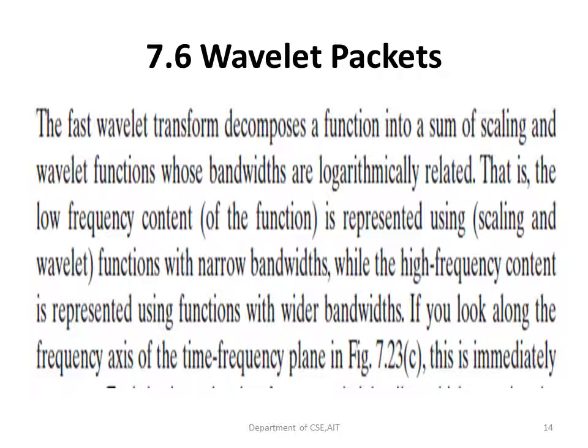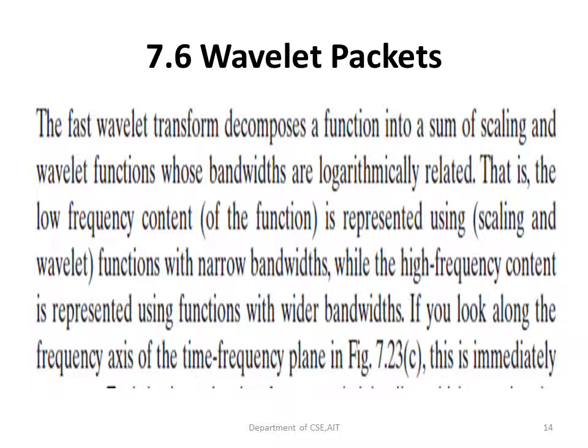The fast wavelet transform consists of a function which is the sum of scaling and wavelet functions whose bandwidths are logarithmically related. The low frequency content is represented by using functions with narrow bandwidths, and the high frequency content is represented by using functions with wider bandwidths, the opposite.